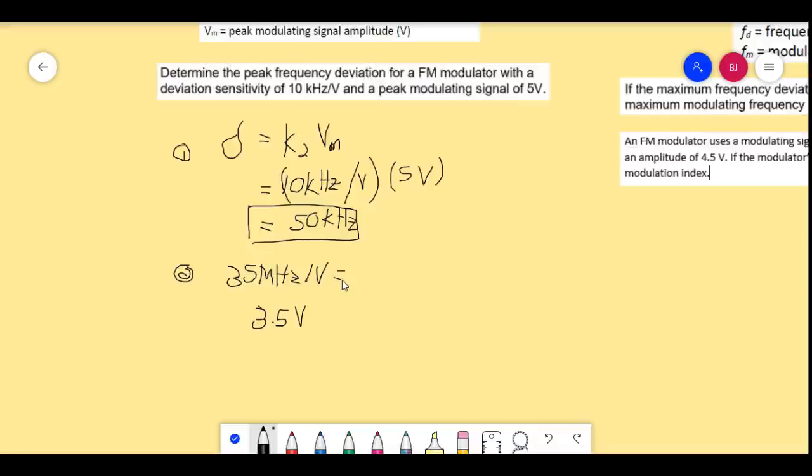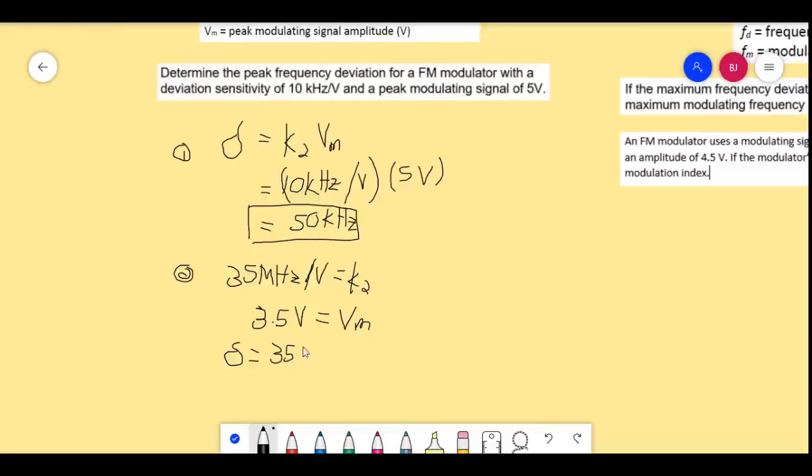Of course, the 35 megahertz per volt would be our K sub 1, and our 3.5 volts would be our peak modulating voltage. Just like the first example, we just have to multiply them together.